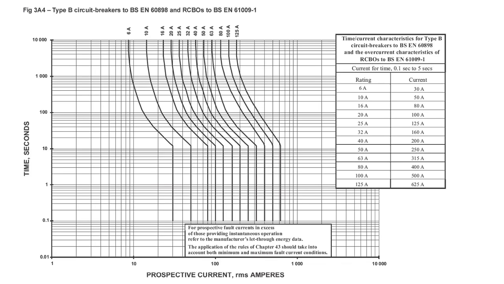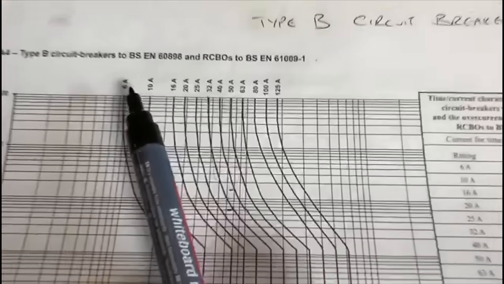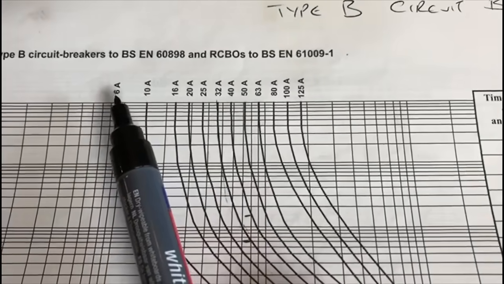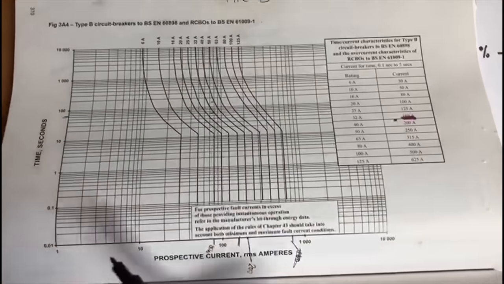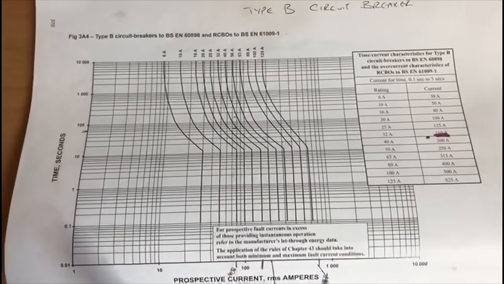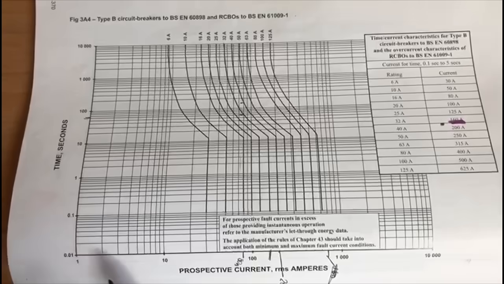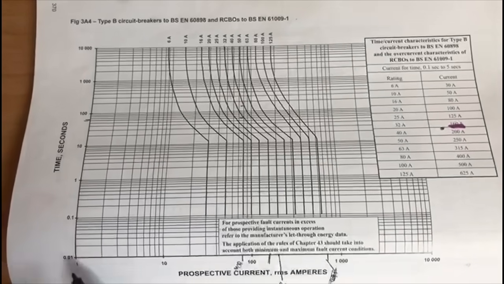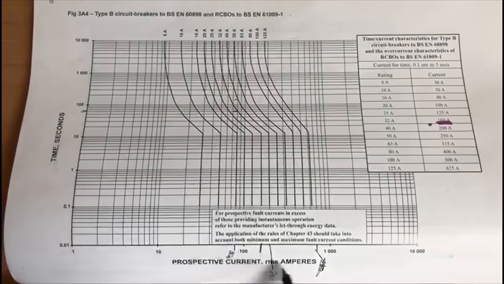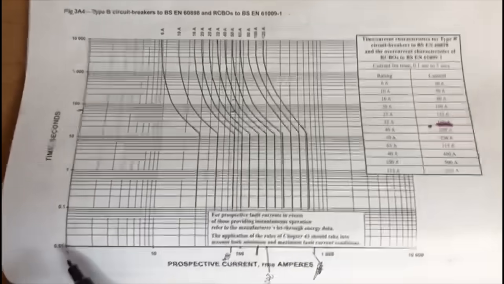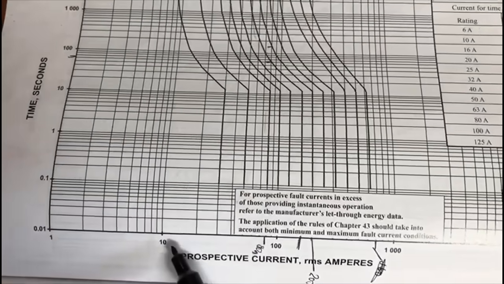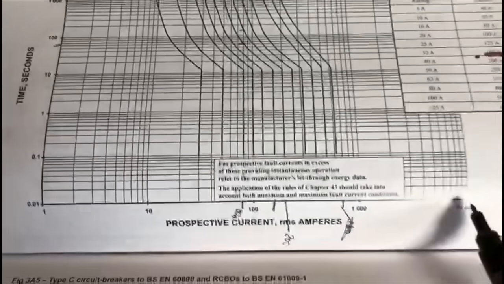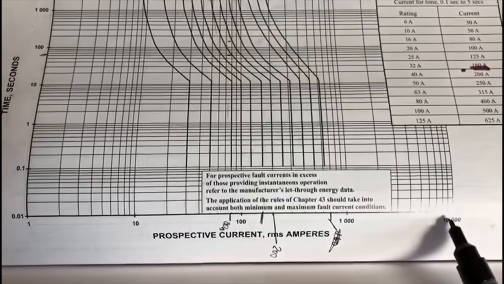Along here we have the different sizes of circuit breakers, ranging from 6 to 125 amps. Now you'll notice that this is what we call a logarithmic table. Along the base it measures the current, and you will notice that it ranges from 1, to 10, to 100, to 1,000, to 10,000.